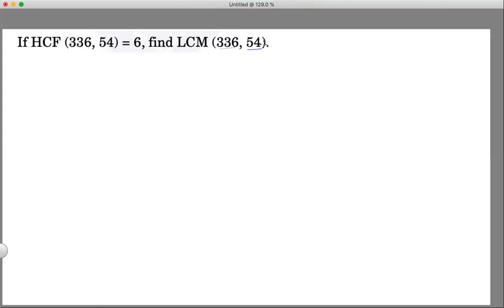You can actually find the LCM straight away, but we have to do the question based on the instruction here. So we have to use the property that HCF into LCM is equal to the product of numbers. That is a must to get marks in this.